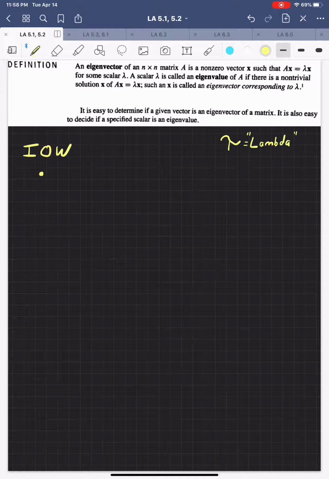Ready? So an eigenvector of some n by n matrix A. Let's start there. So A must be a square matrix, right? Now, what would an eigenvector of a square matrix be?